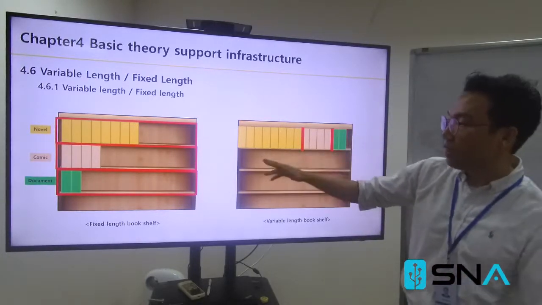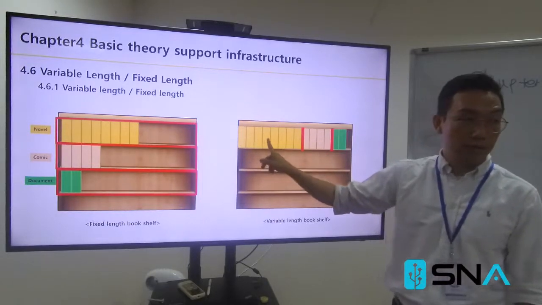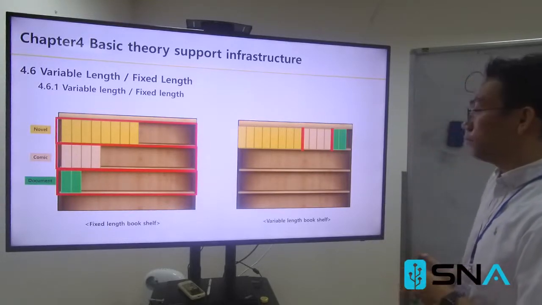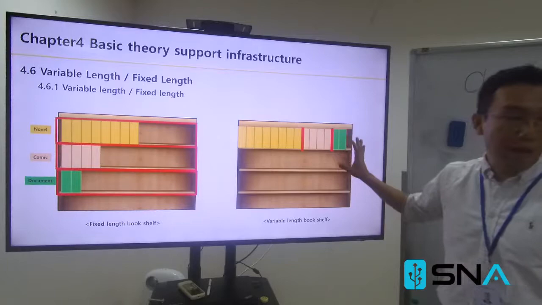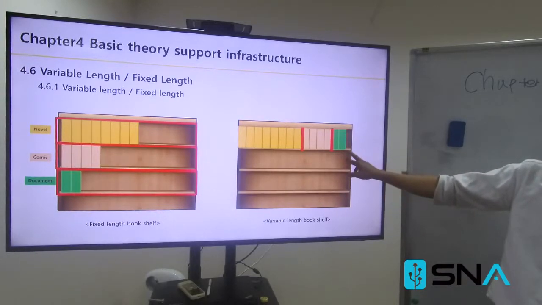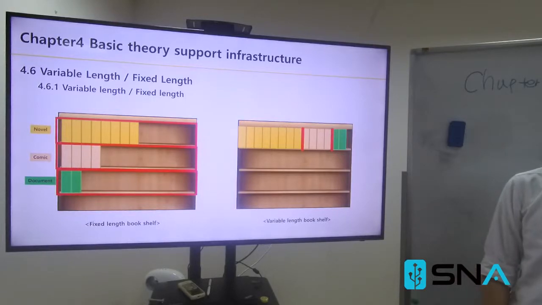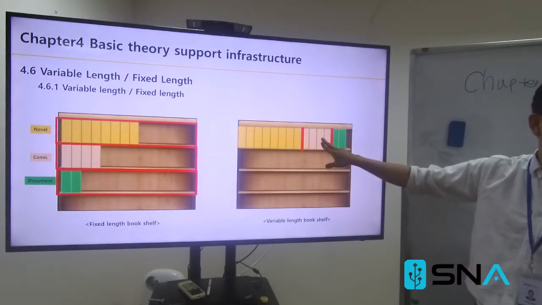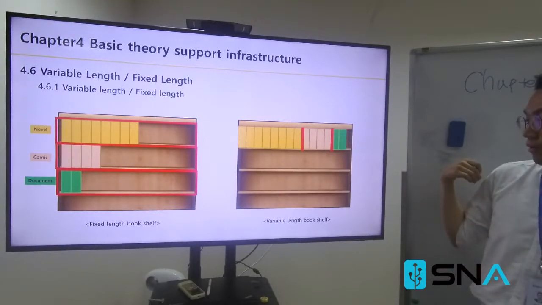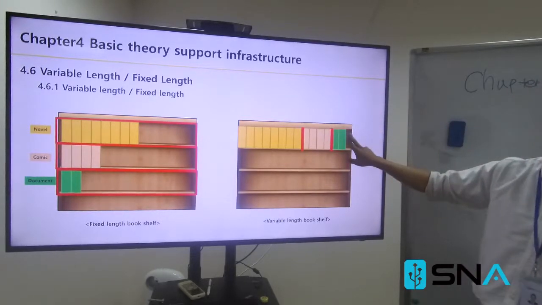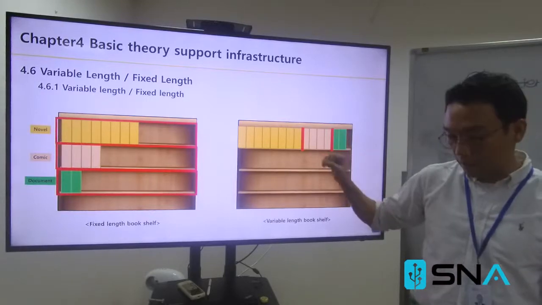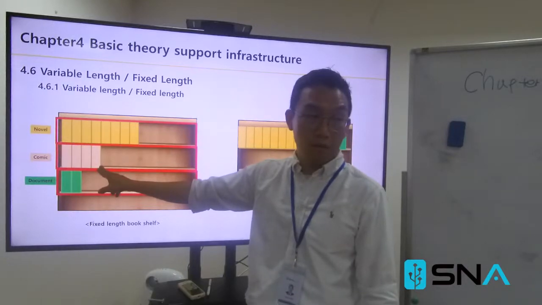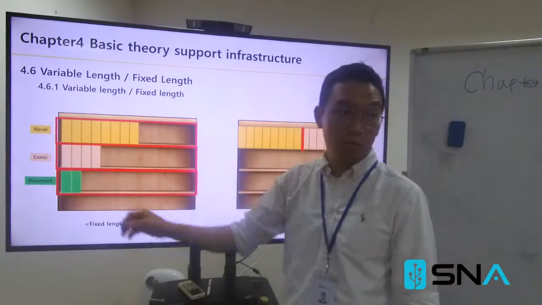So we can understand one book is one data. It is hard to rearrange some data. Because someone wanted to read this comic book, and then after that you can store more on this side. But this fixed length is only for comics, already defined, and this location.